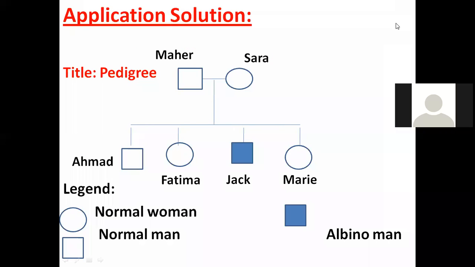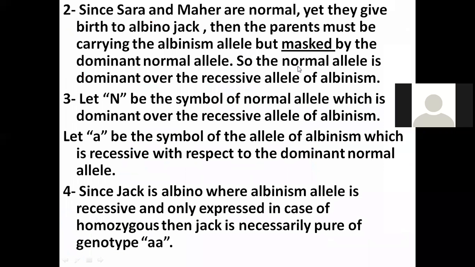Let's move now to part C, or part 4, sorry. Since Jack is an albino, and the albinism allele is recessive, it is expressed only in the case of homozygous. So Jack is necessarily pure, of the genotype a small, a small.